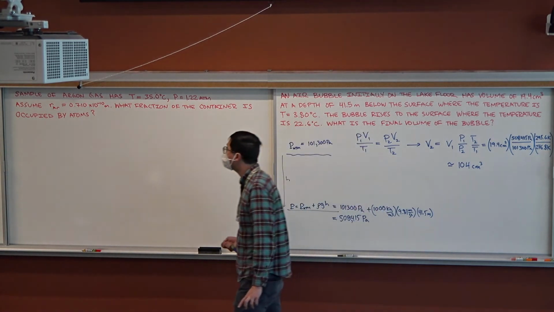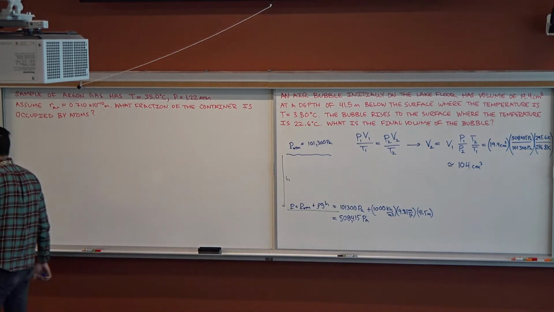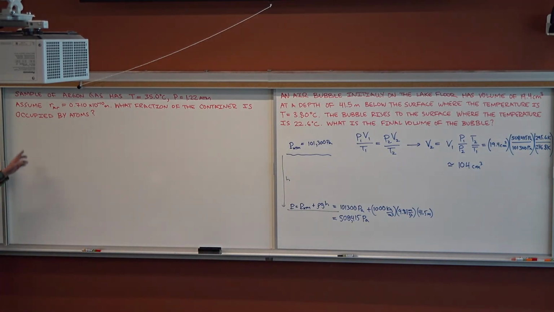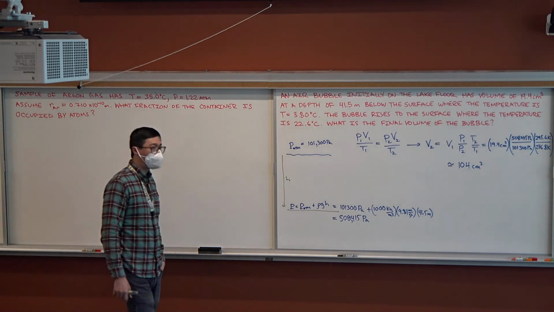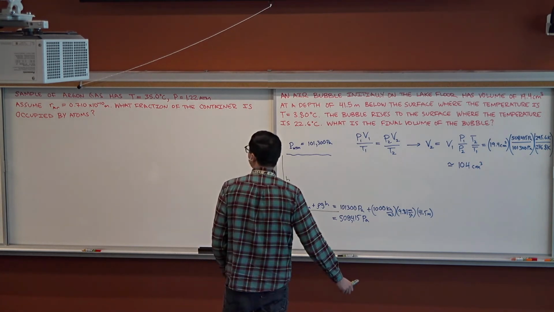Okay, so this time I tell you that a sample of argon gas has T equals 35 degrees Celsius and a pressure of 1.22 atmosphere.